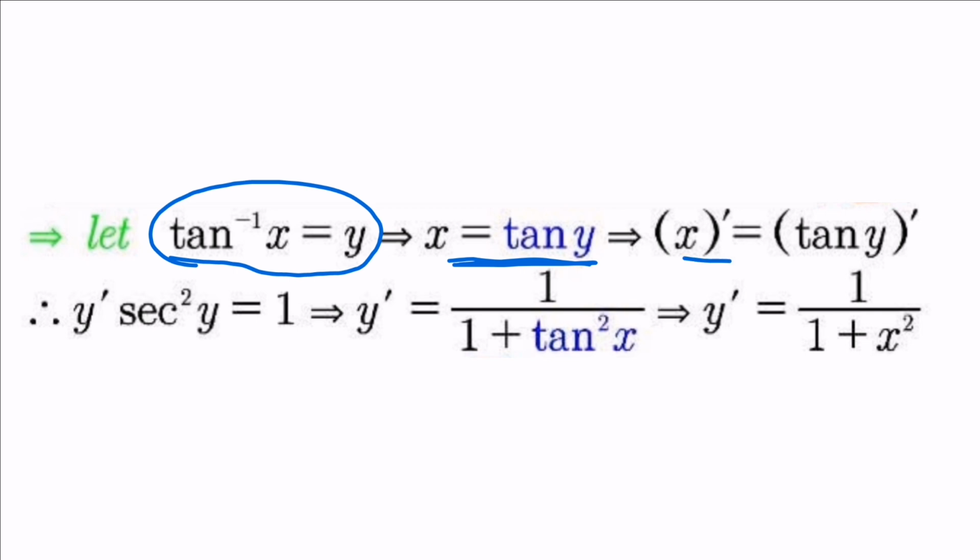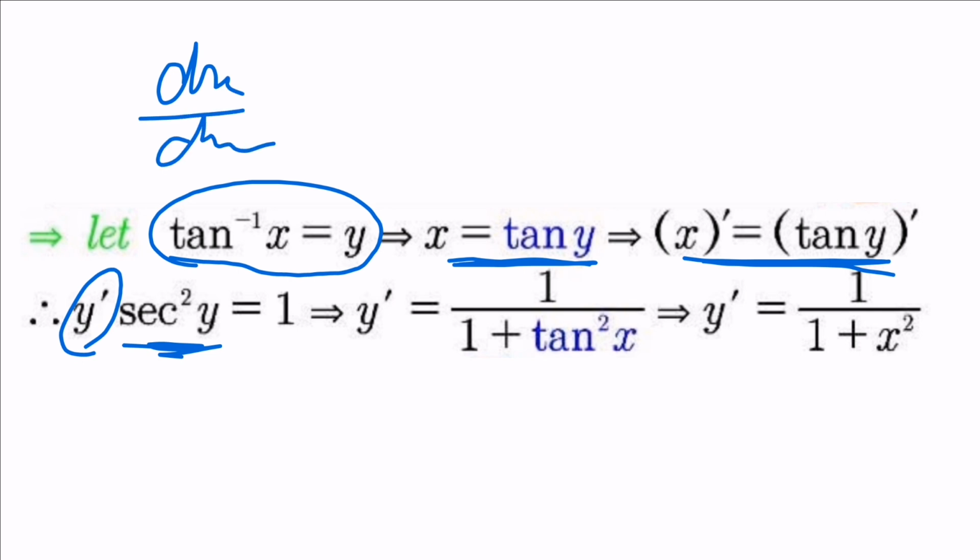Now by taking derivative to both sides, x dash is equal to tangent y whole dash becomes y dash secant square y is equal to 1, because derivative of tangent is equal to secant square y, and derivative of y with respect to x becomes y dash, and derivative of x with respect to x is equal to 1.